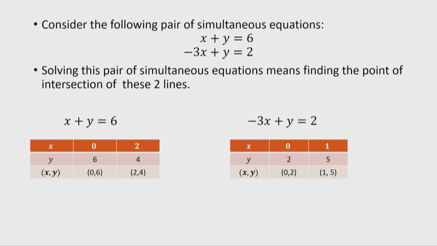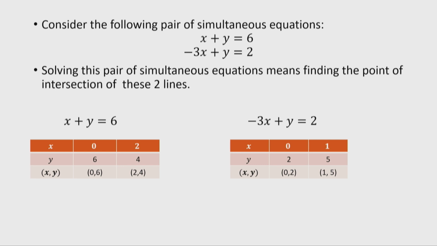The coordinates will be 0, 2. The next value I have chosen is x equal to 1. And I replace in the equation of the line. So minus 3 times 1 will give me minus 3 plus y equal to 2. So y will be equal to 2 plus 3, that is 5. The coordinates will be 1, 5.